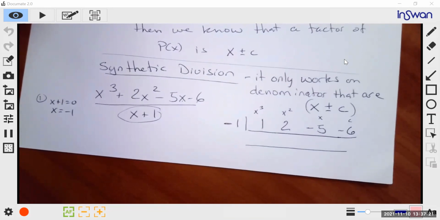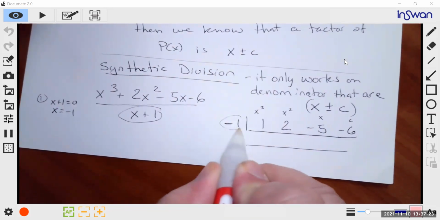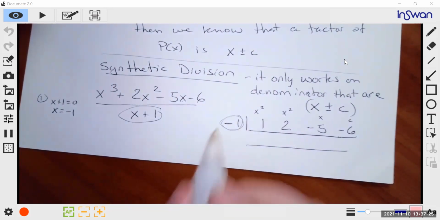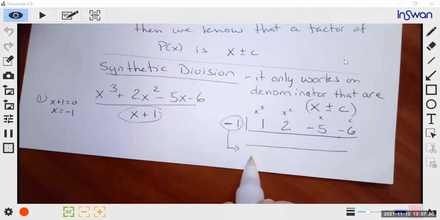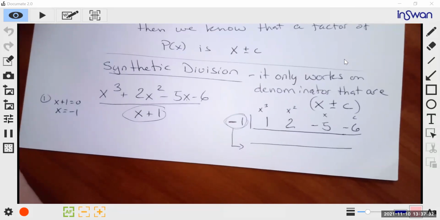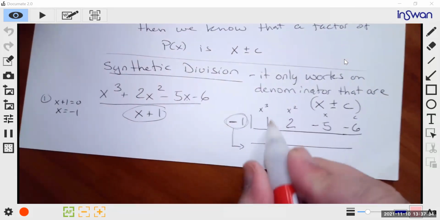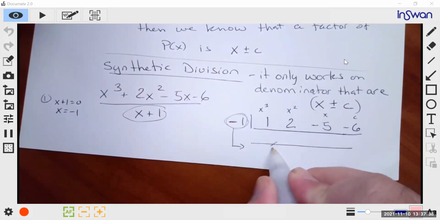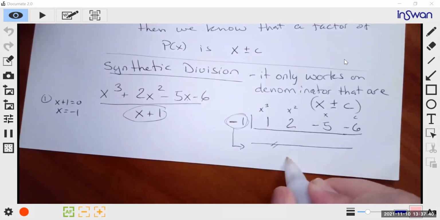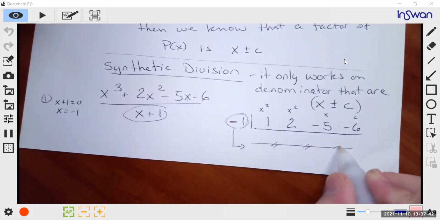All right, here's the structure. This number out here, its only purpose is to multiply by the numbers that are down here. And we go by columns. Whatever you get here goes in that space, and whatever you get there goes there.